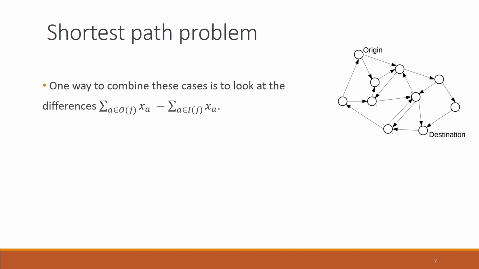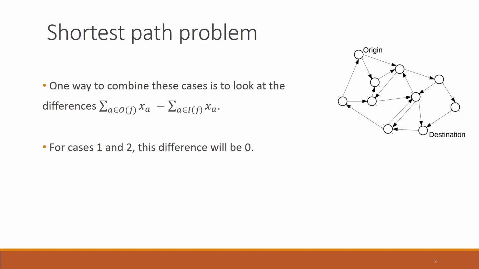We have the summation of XA, where the summation is going over all of the outgoing links of node J, minus the summation of XA, where this summation is going over all of the incoming links of node J. So, for cases 1 and 2 this difference will be 0.